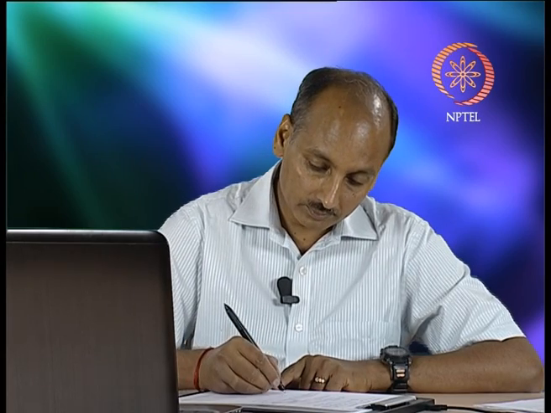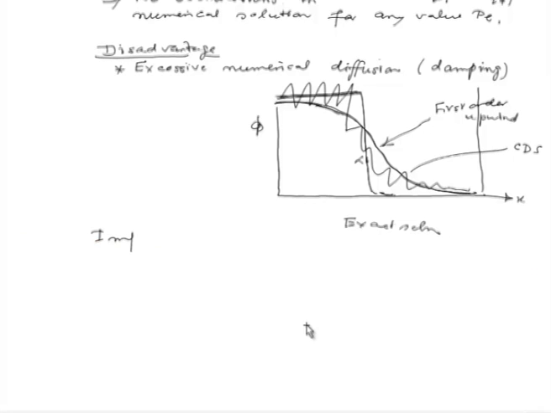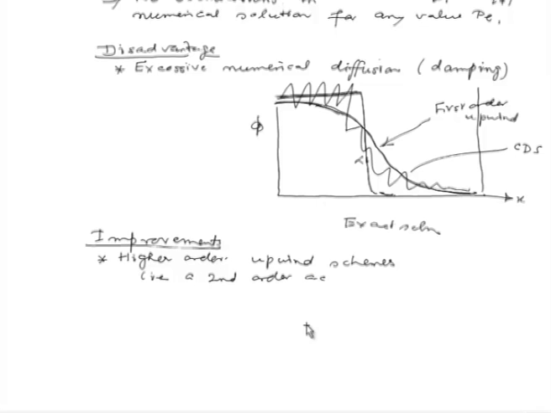One of the improvements which you can immediately think of is to use higher order upwind schemes, for example, a second order accurate FDS or BDS, that is, forward difference or backward difference scheme.